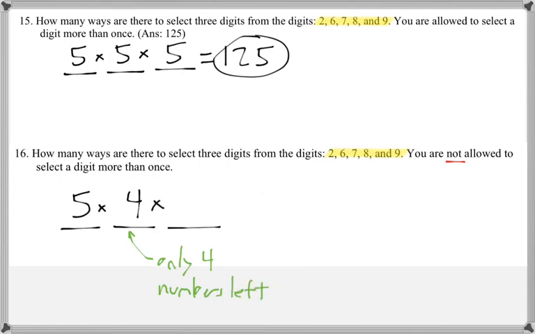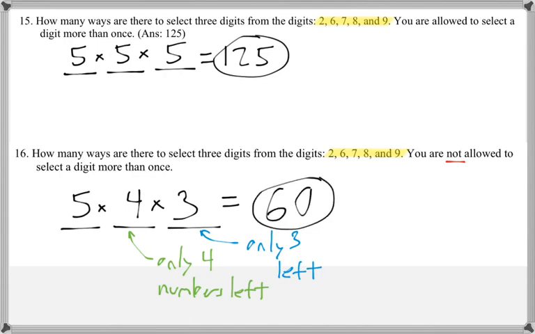And then the third blank is going to be times 3, and that's because I only have 3 numbers left to select from. So 5 times 4 times 3 is 60.